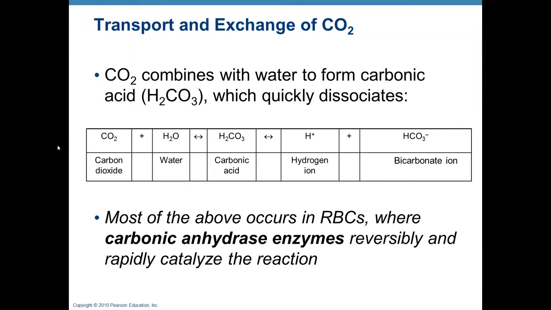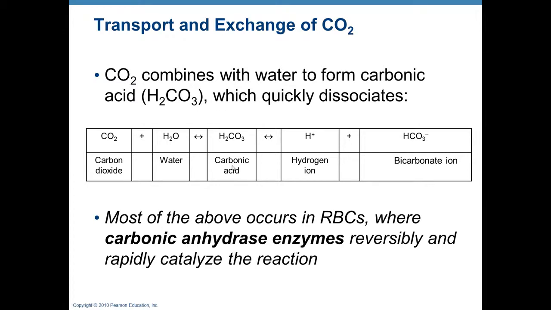So why is this? Well, when your cells give off carbon dioxide, it very quickly reacts with water molecules. So CO2 and H2O are put together, and that gives you a molecule called H2CO3. This is called carbonic acid. This is an acid.